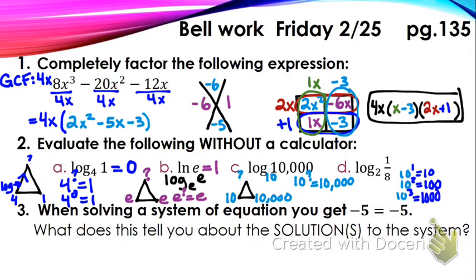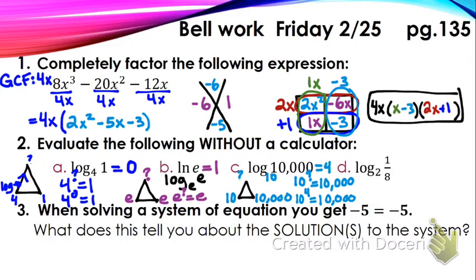And 10 to the fourth power would give us those 4 zeros. So that is a wonderful guess, and it means that I can write my evaluation of that log as 4.